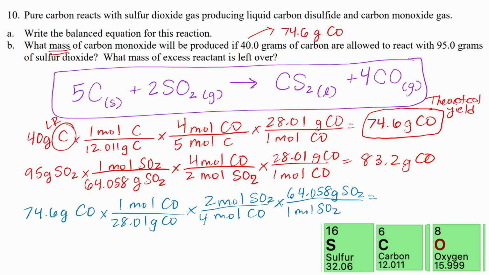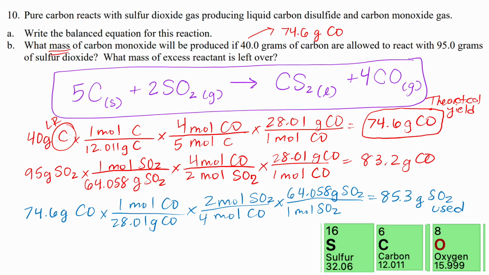And now I can solve for the amount of SO2 used. So 74.6 divided by 28.01. Then I'm going to multiply that by 0.5 and then multiply that by 64.058. And that gives me 85.3 grams of SO2 used to make our product.